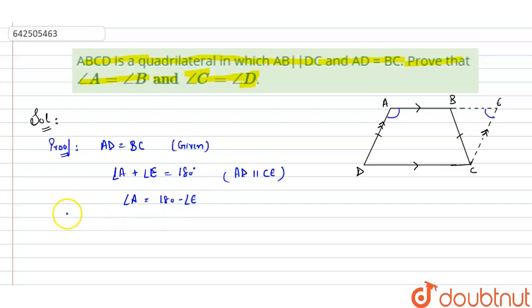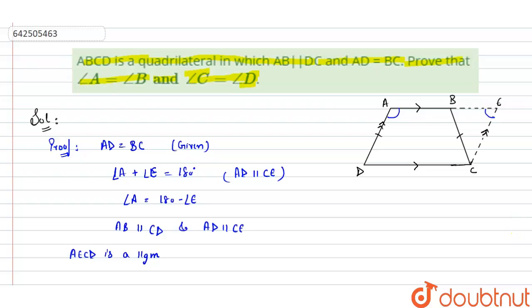Now, since AB is parallel to CD and AD is parallel to CE, quadrilateral AECD is a parallelogram.